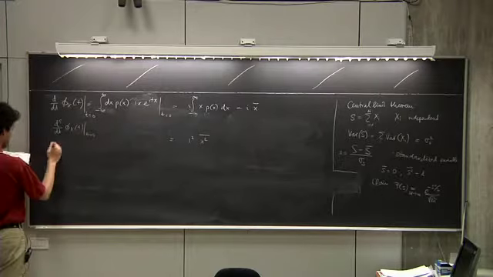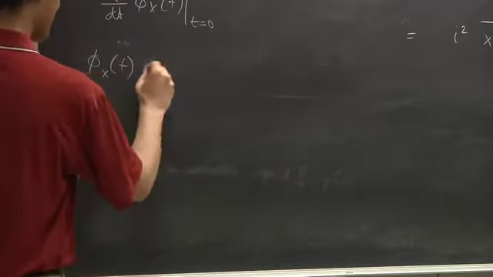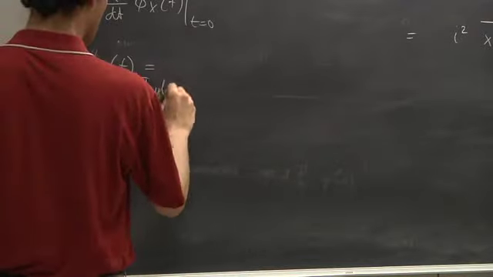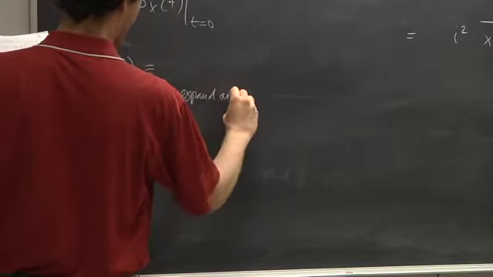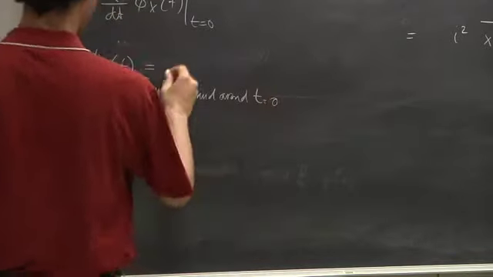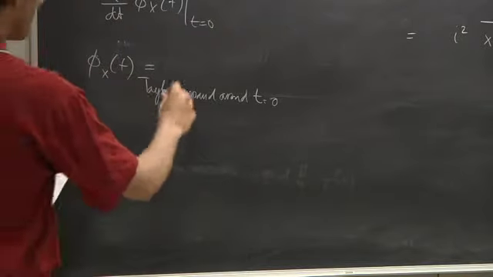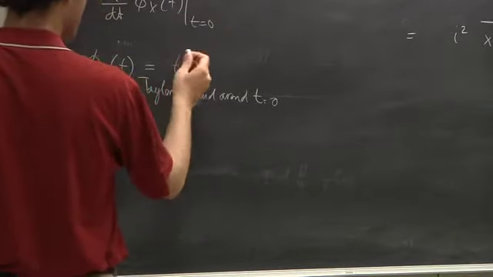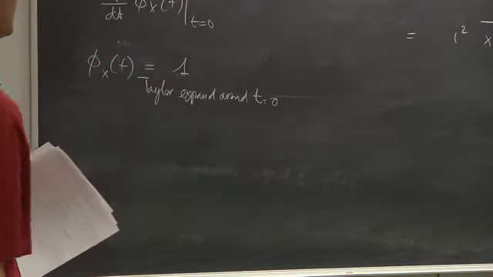Good. So this we can also summarize as a Taylor expansion around t equals 0. The zero order term t to the 0 comes with a prefactor 1. Why is that?